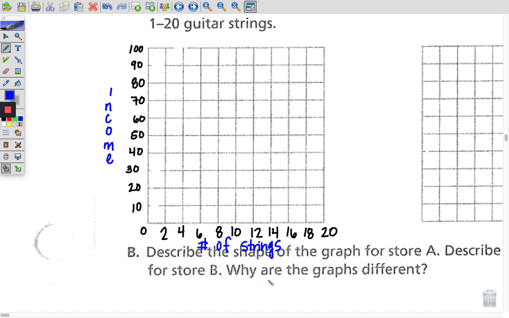So obviously if we sold 0 strings, we would make $0, right? So I can put a point right here. If I sold 1 set of strings, I would make $6, which is somewhere in here. 2 sets of strings, I would sell them for 12.